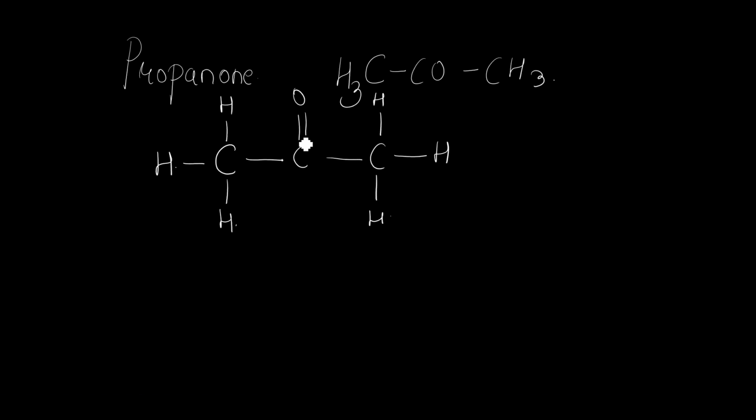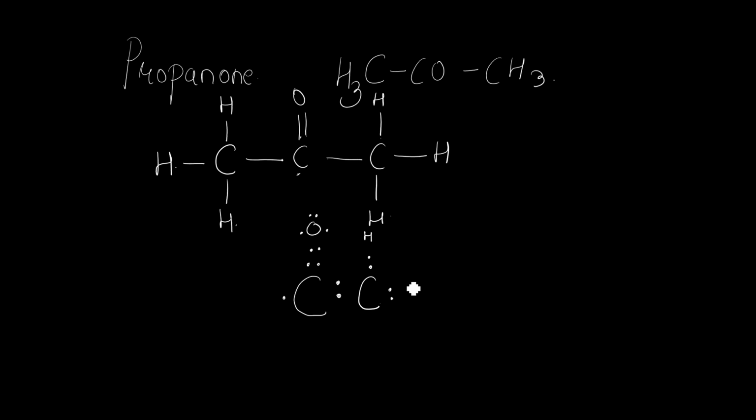See how many electrons there are. 4 valence electrons, so 1, 2, 3, 4 valence electrons of this carbon. Then for oxygen you can write 1, 2, 3, 4, 5, 6 electrons. Now this carbon, again 1 electron of this carbon. Then hydrogen and carbon.